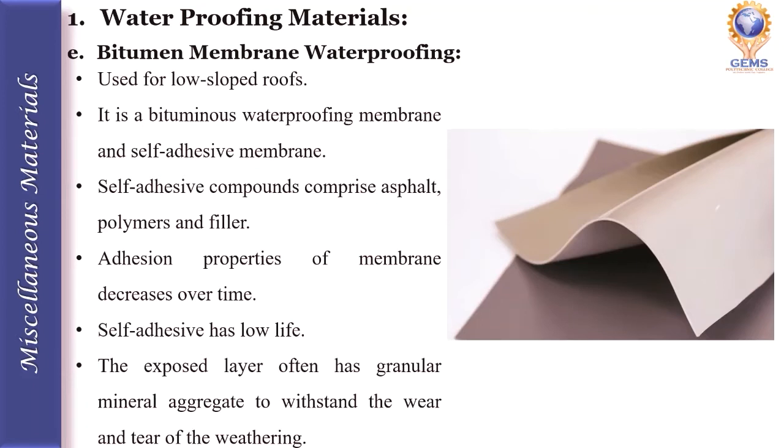The adhesive type has a low shelf life, as the bonding property of the membrane reduces with time. The exposed layer often has a granular mineral aggregate to withstand the wear and tear of weathering. For other kinds of membrane, the contractor needs to apply a protective screed layer to prevent puncture of the membrane. But for this bitumen membrane, we don't need to provide any kind of screed layer.